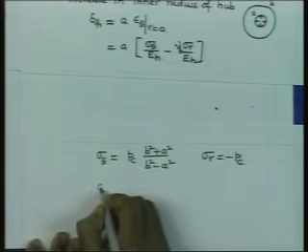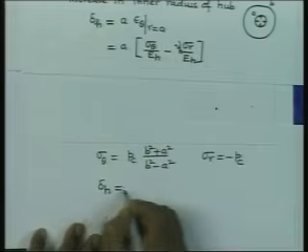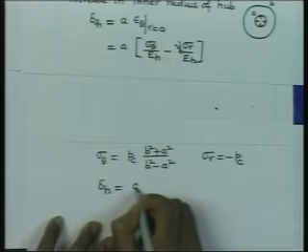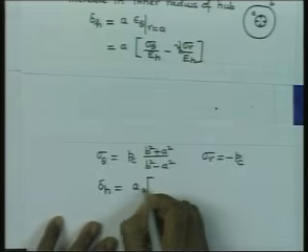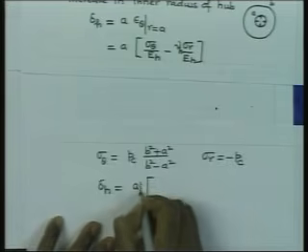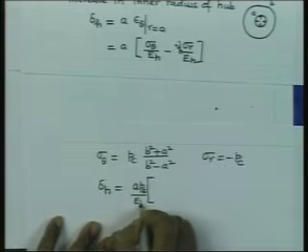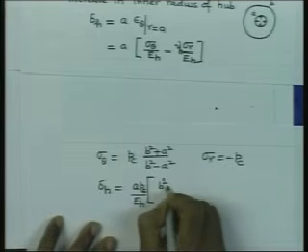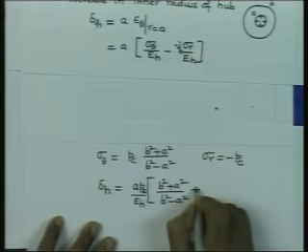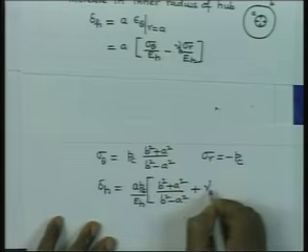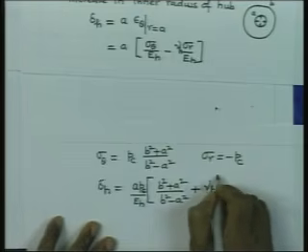Therefore, we will have delta H equal to A into Pc by EH, B square plus A square by B square minus A square, plus nu H.